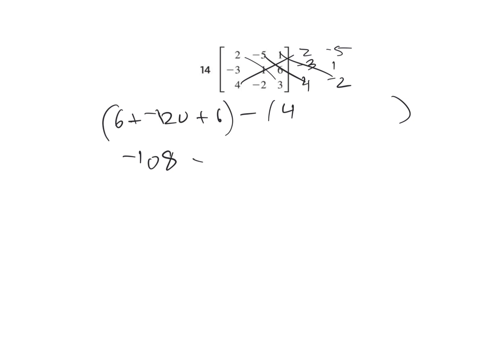That's 4. And negative 12 times 2 is negative 24. And negative 9 times negative 5 is positive 45. So 4 plus negative 24 is negative 20, and then plus 45 gives us positive 25. So negative 108 minus 25 is negative 133.